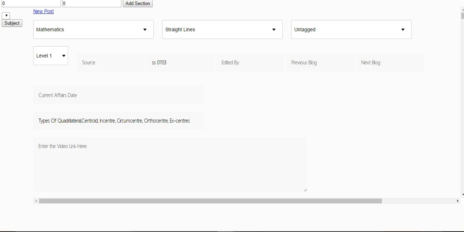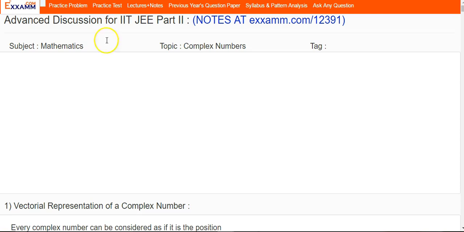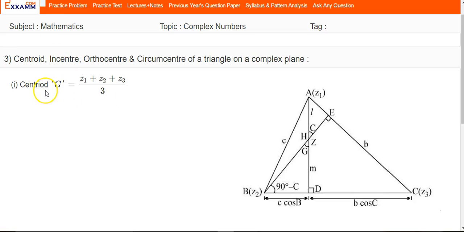So in this case also we have a similar formula, that the centroid G is equal to Z1 plus Z2 plus Z3 divided by 3. So rather than having 2 points x and y, we have just one formula, that the centroid is equal to this much.